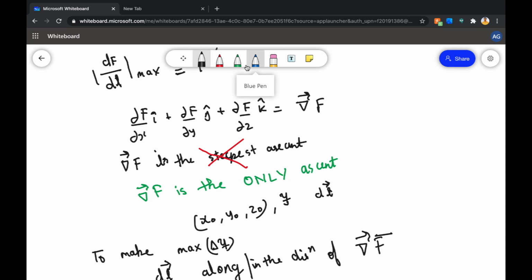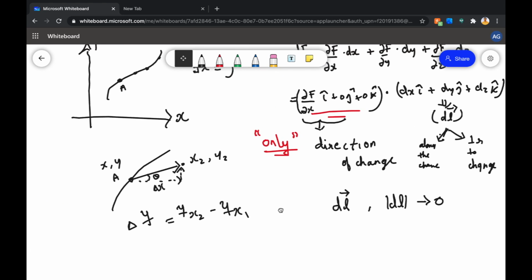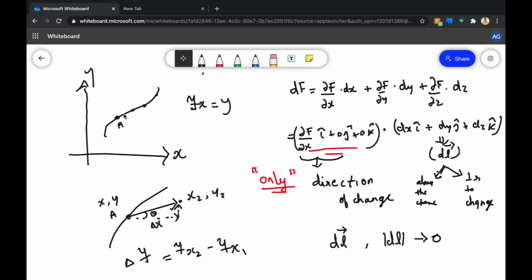And if you are at x naught comma y naught comma z naught, and if you move in some direction dl, to get the maximum change, it needs to be in this direction. See here again, you were at point A. Now that this was grad f in this case, when you went dl vector along this line, it gave you change, but it did not give you the maximum change, because you moved some length dl, and only the component of the vector along the grad of f gave you the change.